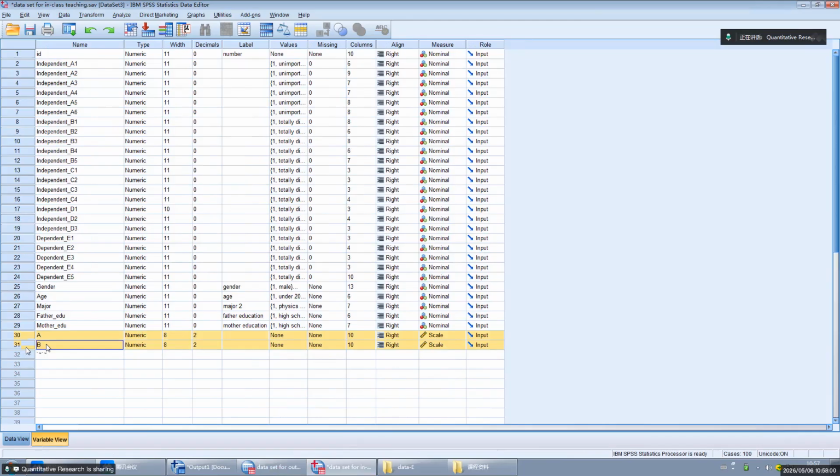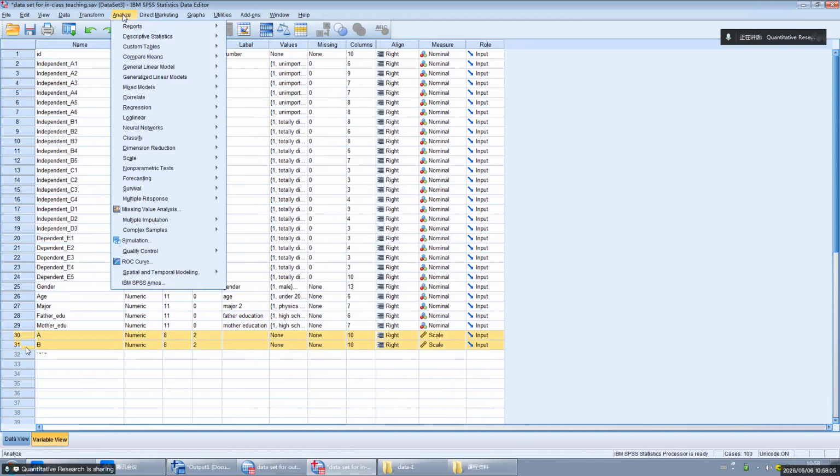Gender differences in A. Okay, we go to Analyze, then Compare Means. That's why we have to compute the means, because the t-test and one-way ANOVA are conducted based on mean comparison, based on comparing means.